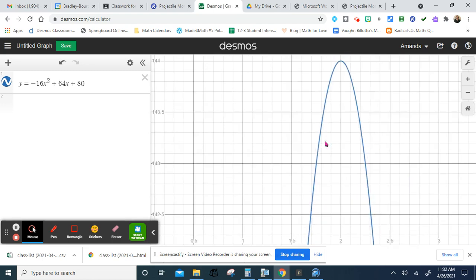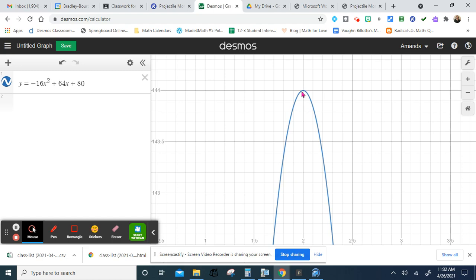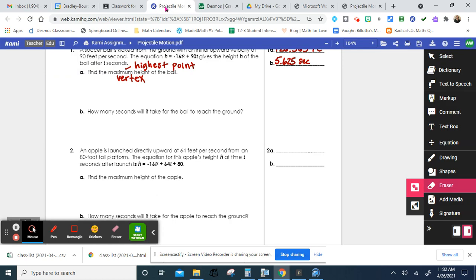So again, if you go to the vertex, we talked about the y value being our answer for the height. So 144 feet.